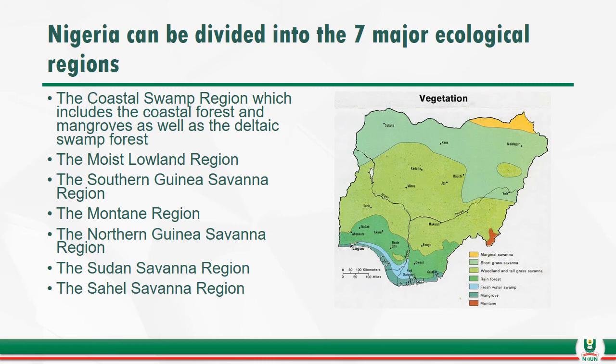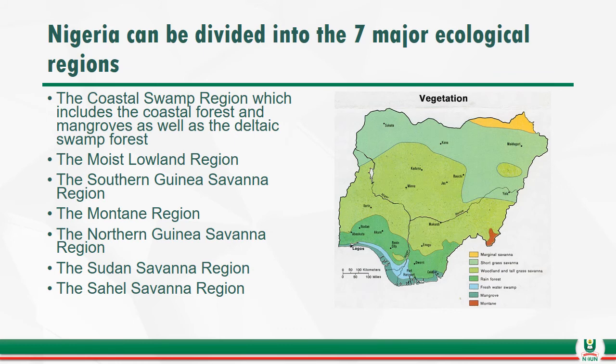We have about 7 of them majorly, and they include the coastal swamp region, which includes the coastal forest, as well as the mangroves, as well as the deltaic swamp forest. And these are in the very far south of the Nigerian map, as we can see here. So we also have the lowland region following it, as well as the southern Guinea savanna region.